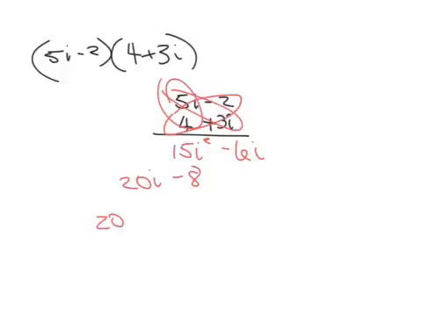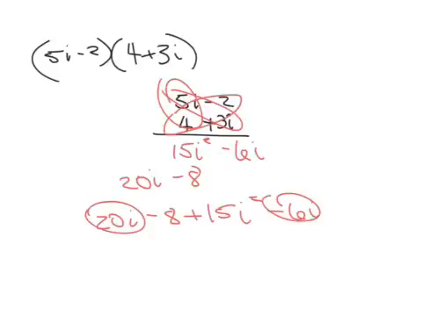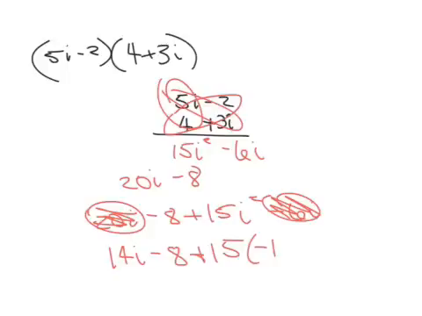So I have 20i, I have a negative 8, I have a plus 15i squared, and I have a negative 6i. So this and this give me a 14i, so those are done. I've got a negative 8 plus 15, and that i squared is a negative 1.